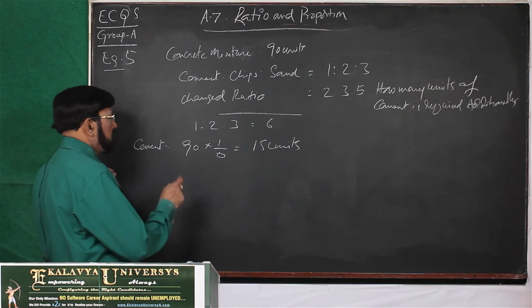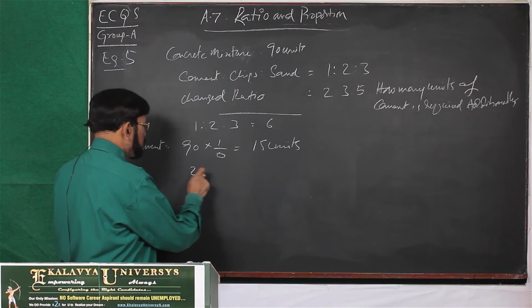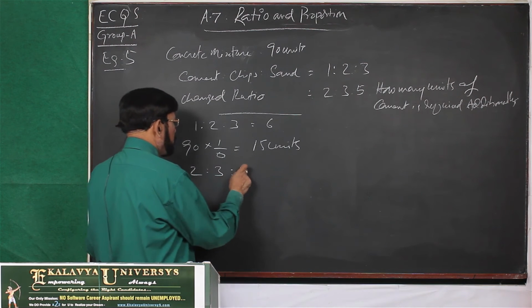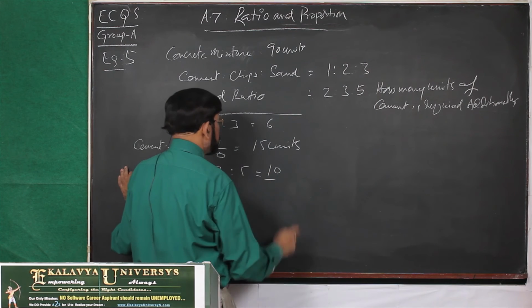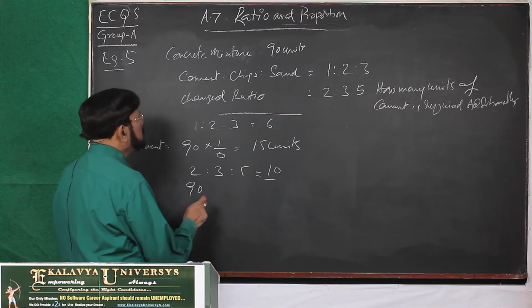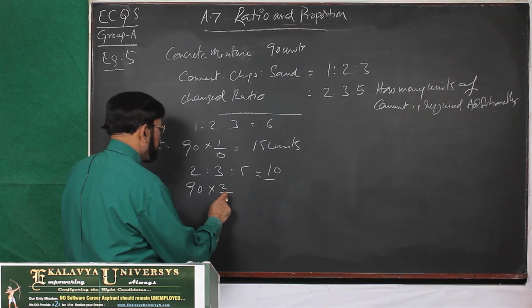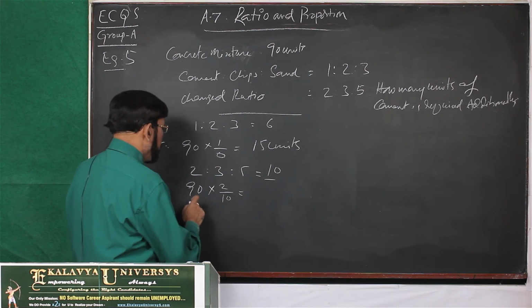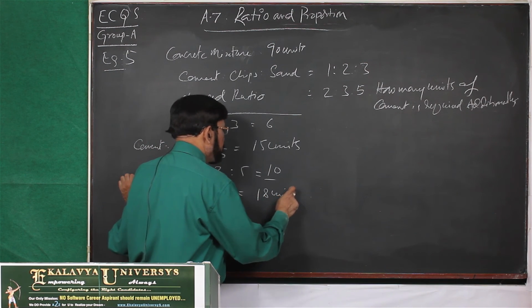And according to the second, revised ratio, what is that? 2:3:5. The total is 10 units. Then what is the cement quantity? The quantity is the same, 90 into 2/10. Then obviously this is 18 units.